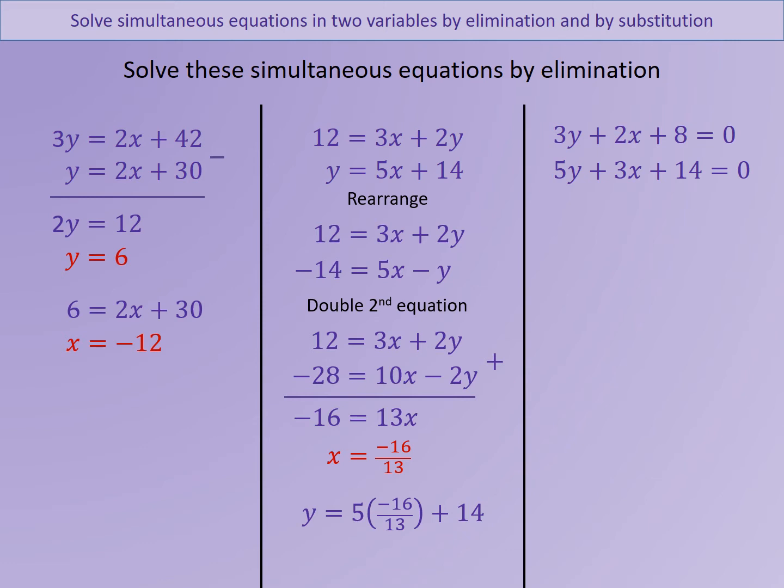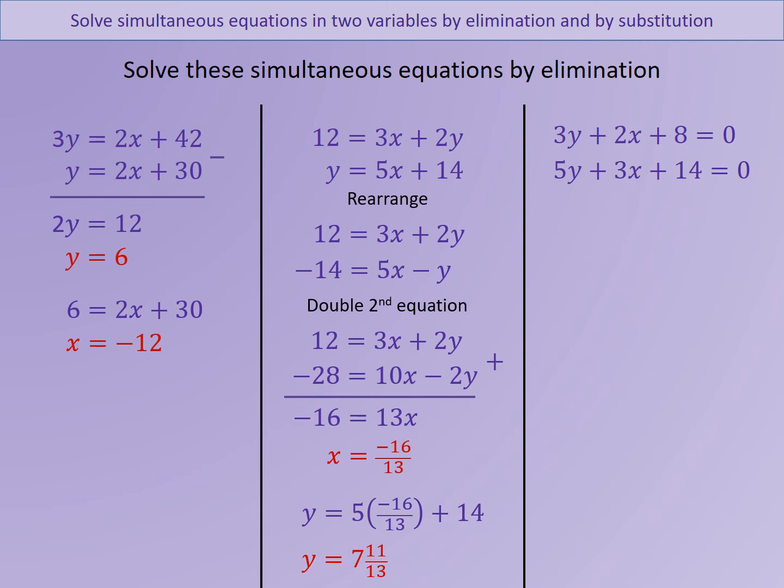I've subbed in x is minus 16 over 13, and I end up with y being equally awkward, 7 and 11/13. Of course, you can self-assess and self-mark your work in case you thought that perhaps you'd made a mistake. You can take those two values, put them into the first equation as a check, and again you will find that it works. So we can move on.